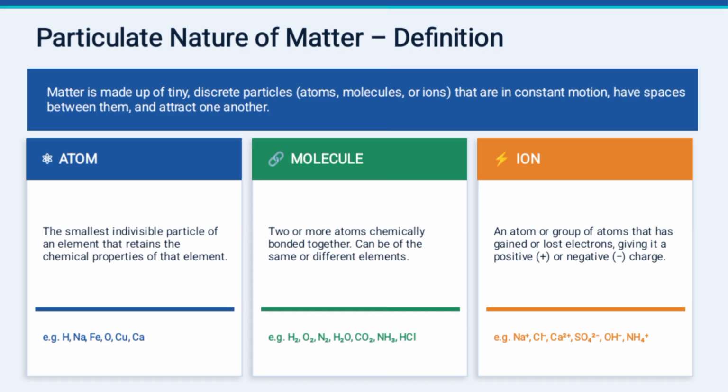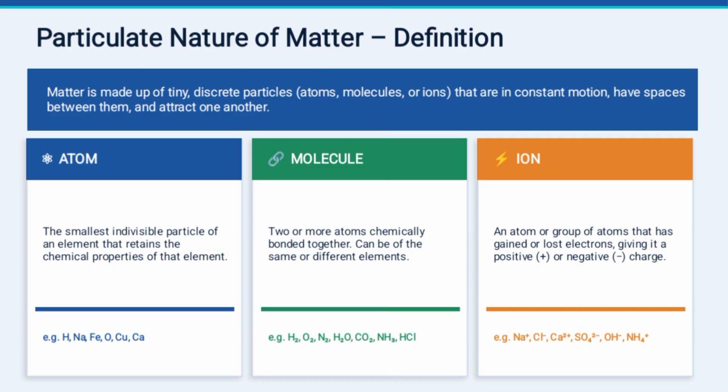Let's look at the three discrete particles matter is made of. Number one is the atom. An atom is the smallest part of an element which takes part in a chemical reaction. The definition here is the classical definition before modifications were made. Matter was seen as an indivisible particle of an element that retains the chemical property of the element.